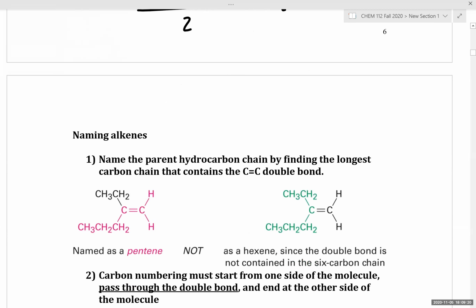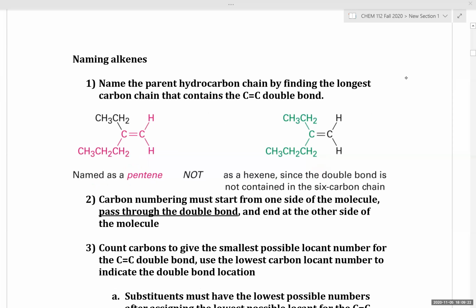Okay, so let's keep going. In terms of naming alkenes, they're named very similarly to alkanes, except this time we have to specify the location of our functional group and specify in the name the presence of a functional group. First, we're going to name the parent hydrocarbon chain by finding the longest carbon chain that contains the carbon-carbon double bond.